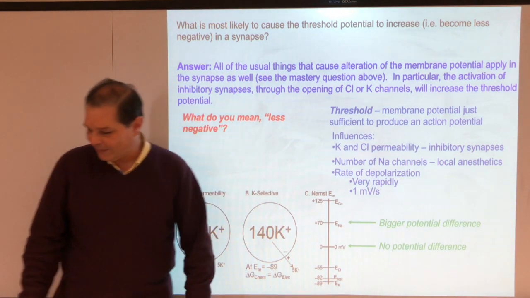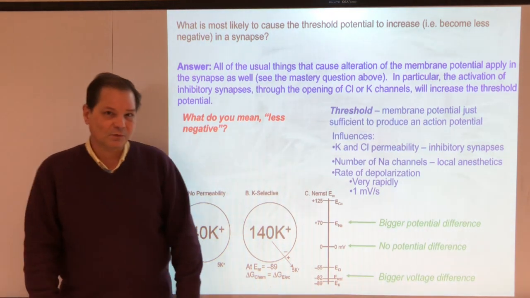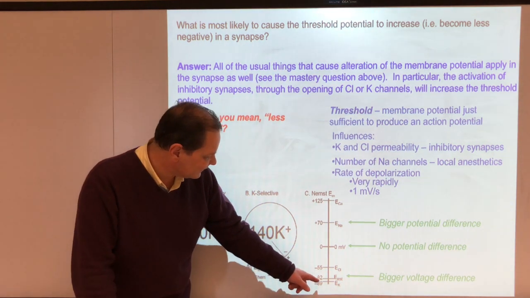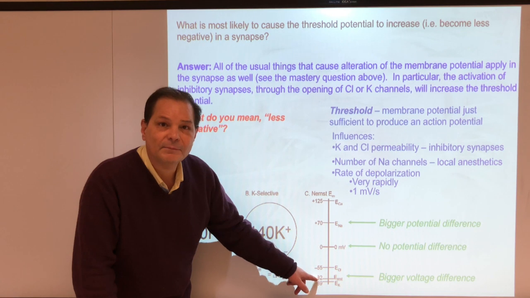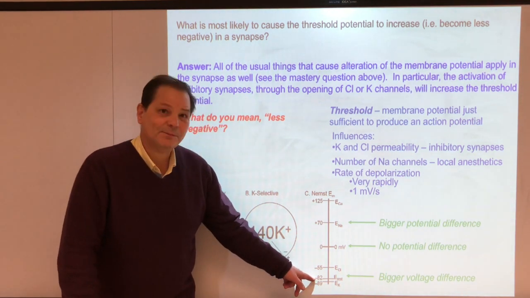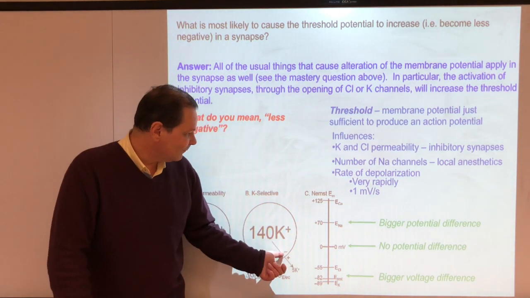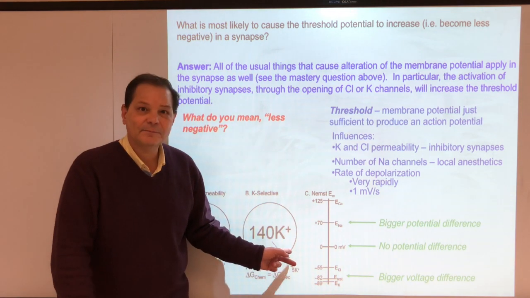True, everybody accepts that. The problem is that if you're an engineer or you're used to working with electricity, you might say that the potential difference actually got bigger if you go to like minus 82 here. And the reason is because you've actually generated a big potential difference across that membrane. It's just that the inside has become more negative in this case instead of being more positive in this case.